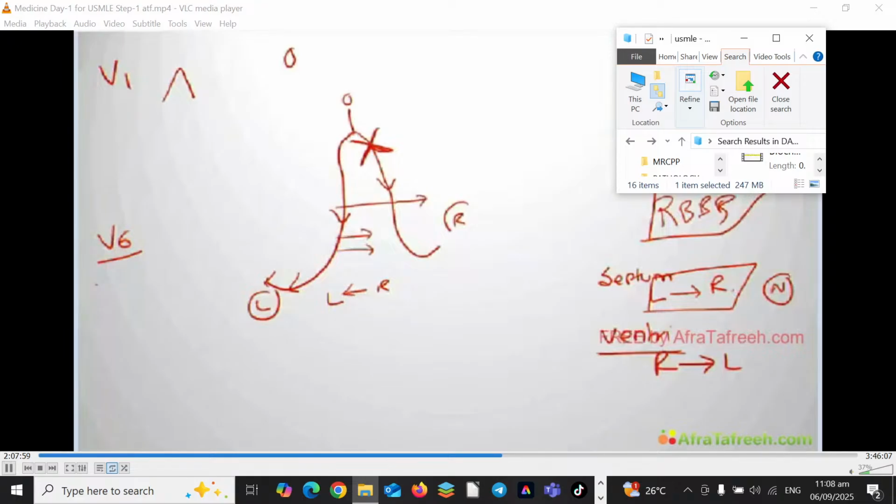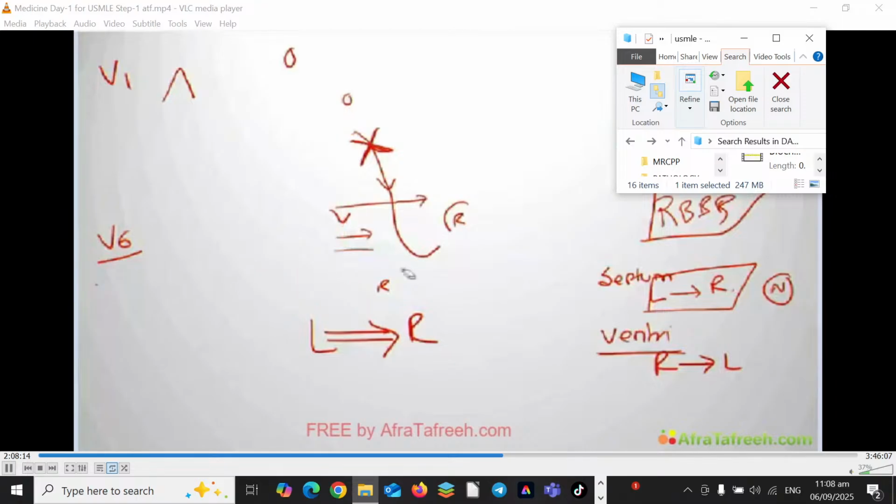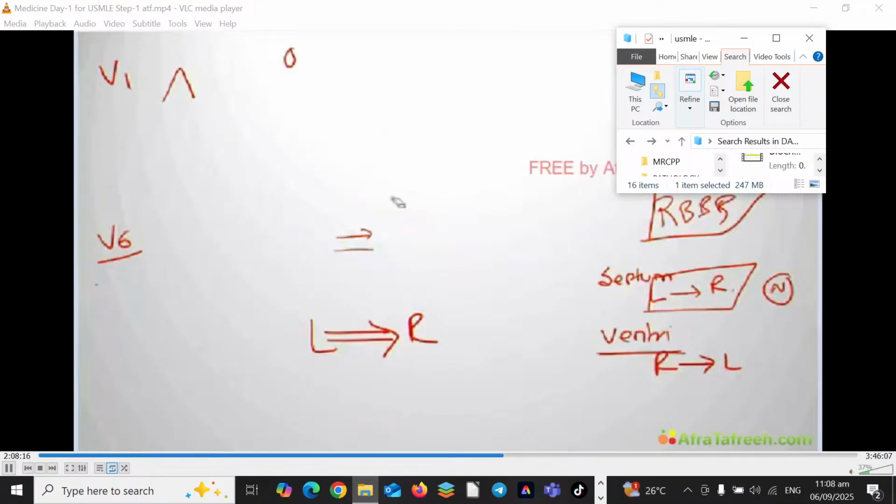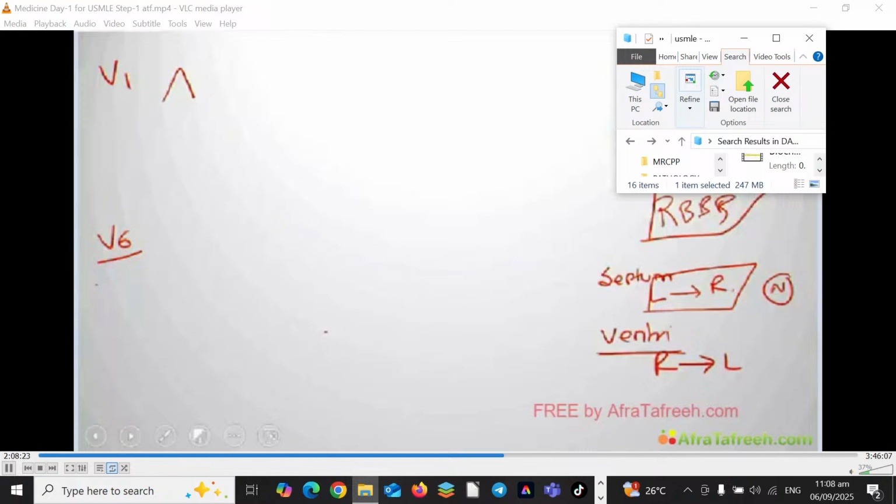So where is the vector headed now? Now the vector is headed from left to right. So in case of right bundle branch block, the ventricular depolarization, rather than right to left, will now become left to right.